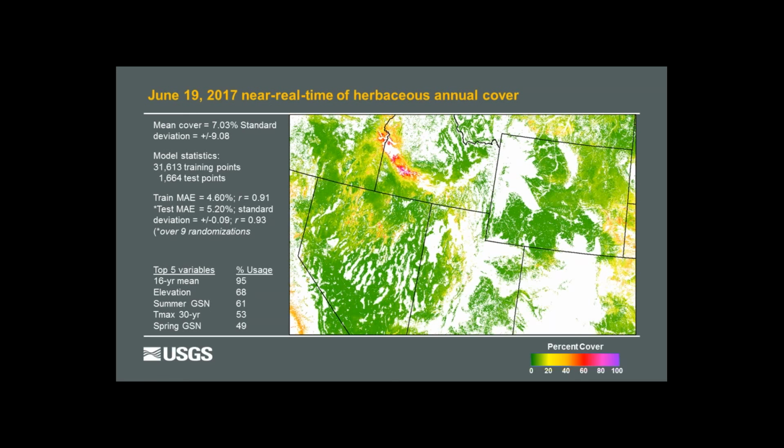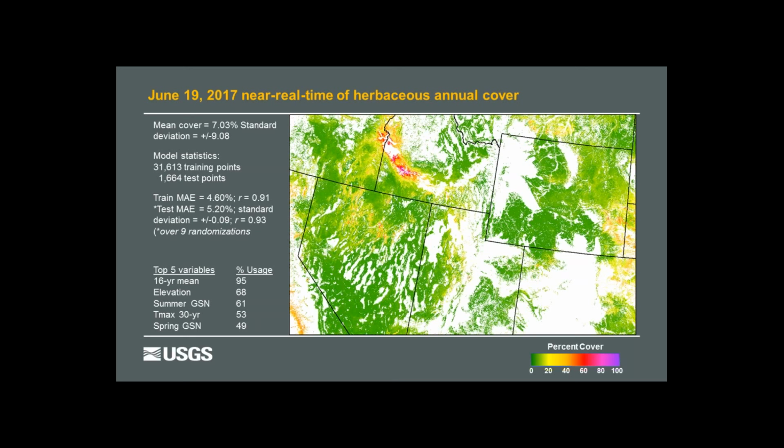When we go to our next map, the June 19 near real-time estimate of herbaceous annual cover, this is where we used our MODIS NDVI data through the 19th of June.